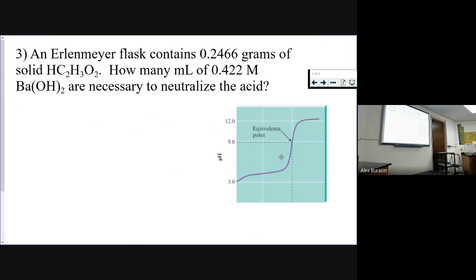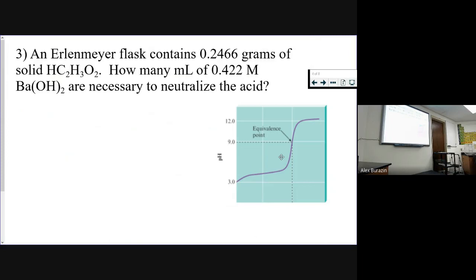Wait, so is it going to take two of the hydrogen?